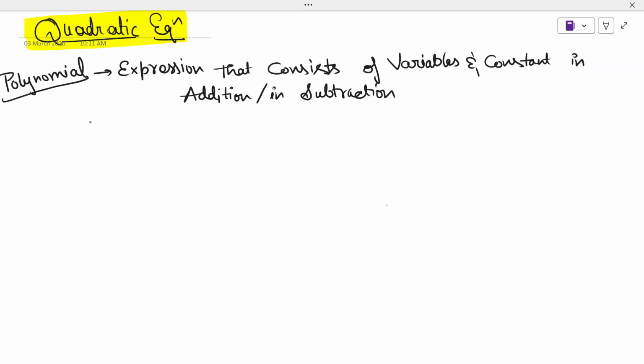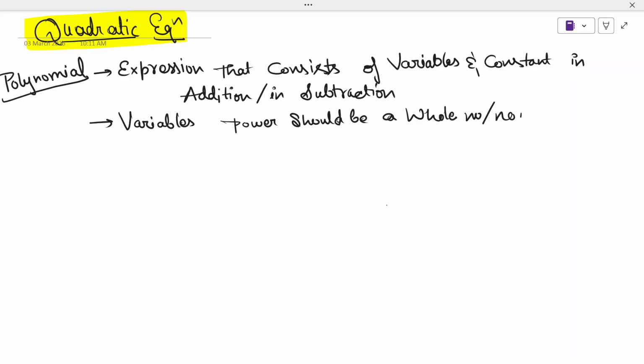The second point for polynomials is about variables. A variable's power should be a whole number or a non-negative integer.